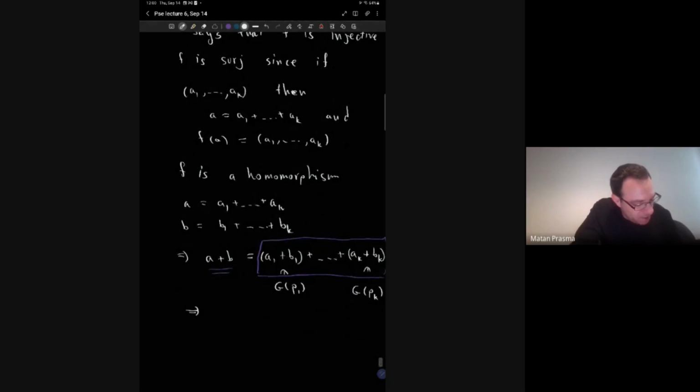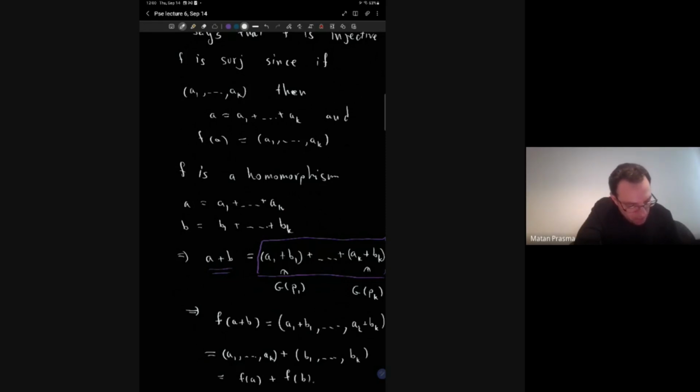This means that F of A plus B is going to be equal to A1 plus B1 in the first coordinate and AK plus BK in the K coordinate. And this, by definition, is A1 up to AK plus B1 up to BK, which is simply F of A plus F of B. Okay, so we got an isomorphism.